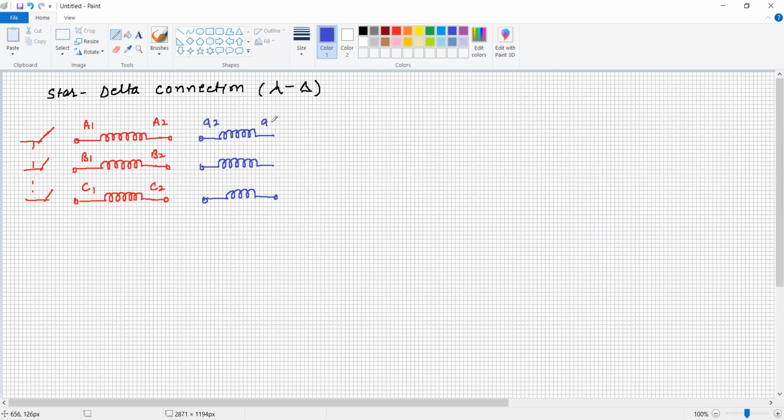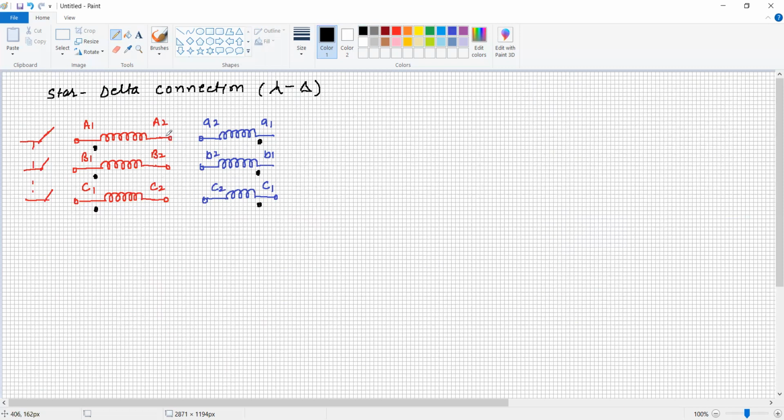A2, A1, B1, C1, B2, C2, and the dot notations are like that. So the similar notation, similar voltage direction is, this is B1, A1, B1, and C1.